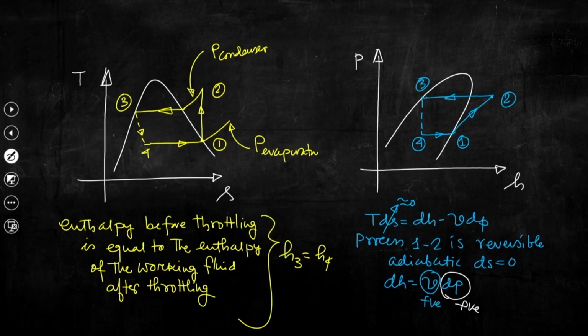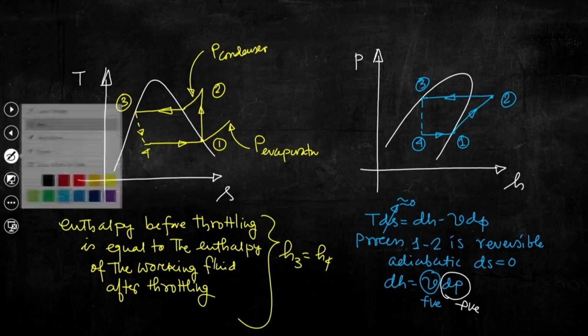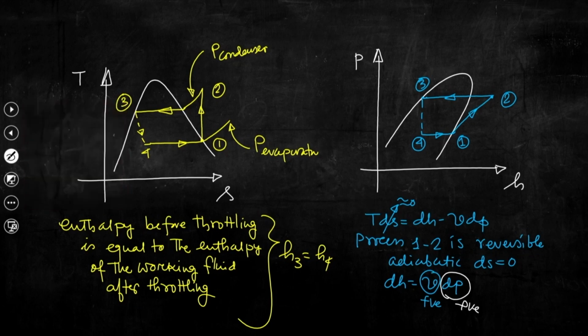So, if we can get a clue about the change in entropy of this particular process, from there we can comfortably locate point 4 in this plane.